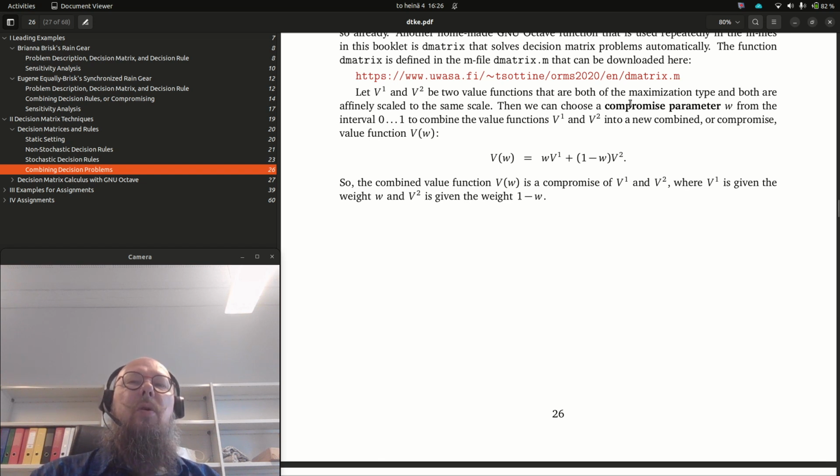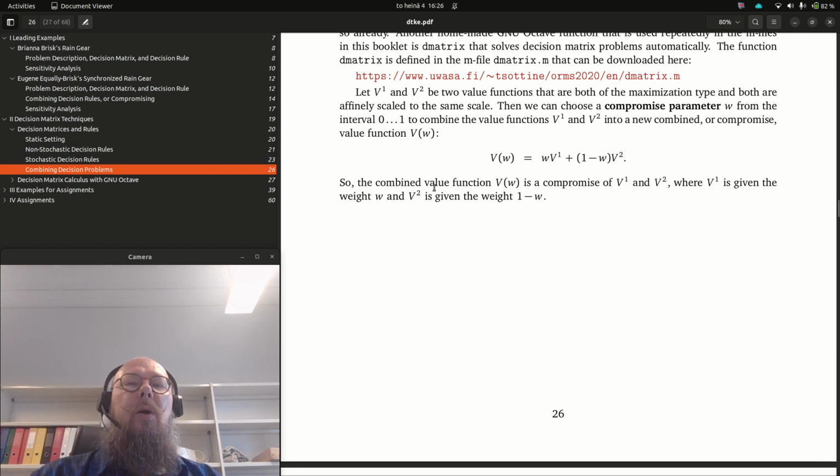Well, we choose a so-called compromise parameter w from the interval [0, 1], and combine these value functions v1 and v2 into a new combined or compromise value function v that depends on w. This is similar to the Hurwitz rule. We take the combination where we multiply v1 by w and add 1 minus w times v2.